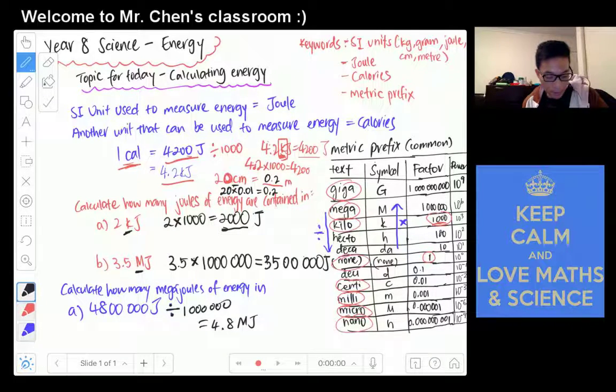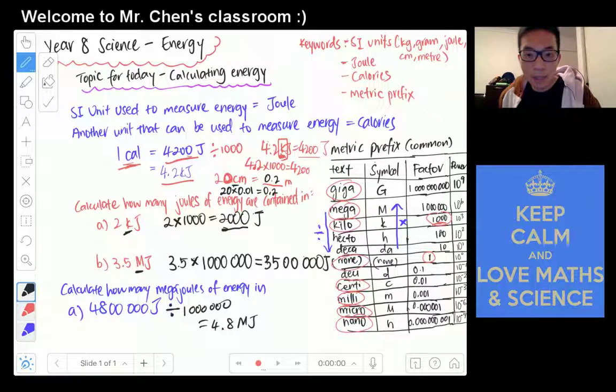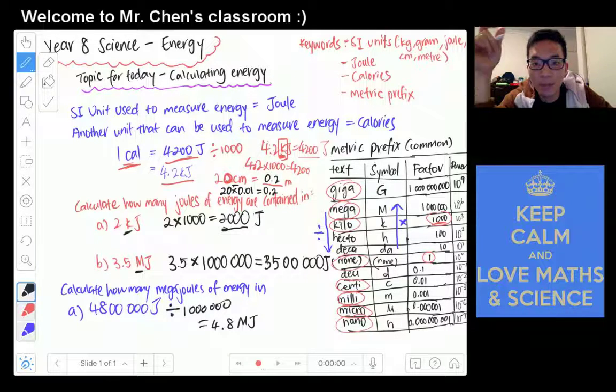Use your calculator if you are not very confident at doing that. So that is how you calculate energy using a metric prefix. It is not very hard once you get your head around it.